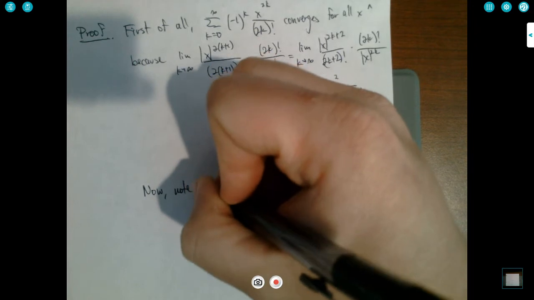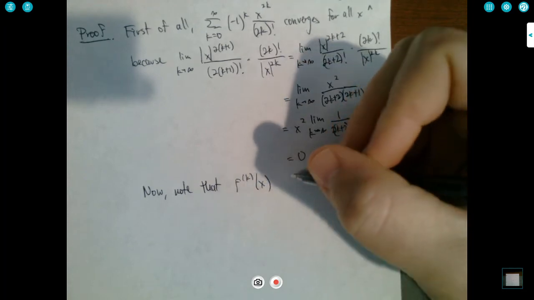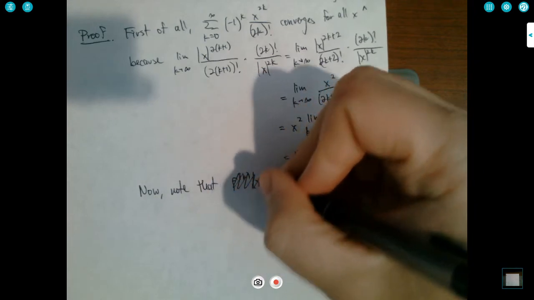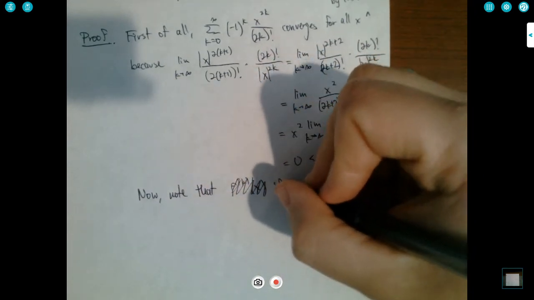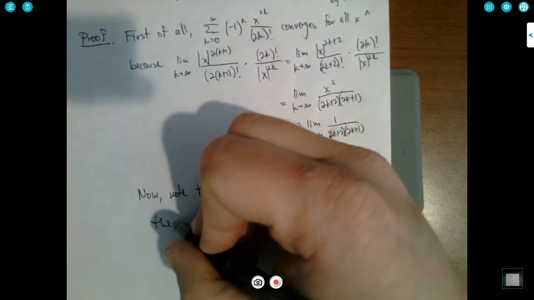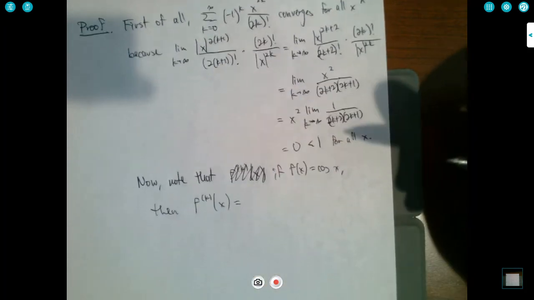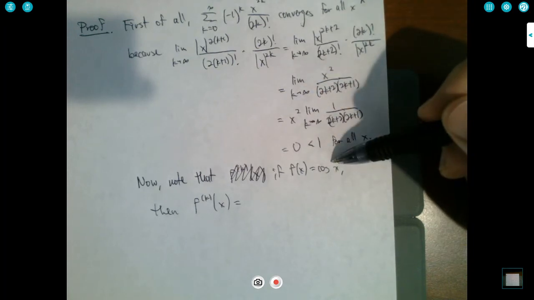So, note that the kth derivative of x, well, maybe I never did call this thing f of x, so maybe I should do that. Note that if f of x equals cosine x, then the first derivative is negative sine, second derivative is negative cosine, third derivative is positive sine, fourth derivative is positive cosine, and then they're going to alternate back and forth.